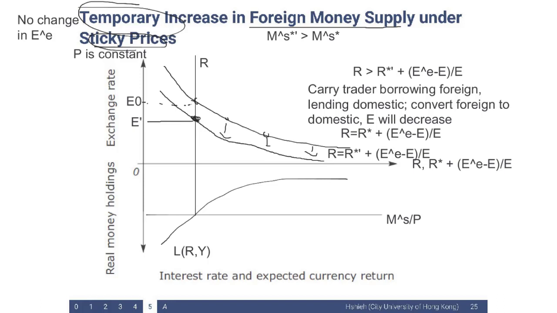So again, let's read the title, a temporary increase in foreign money supply. We have MS star prime greater than MS star. Things are still temporary, so that means no change in E hat E. And prices are still sticky, so that means P constant.